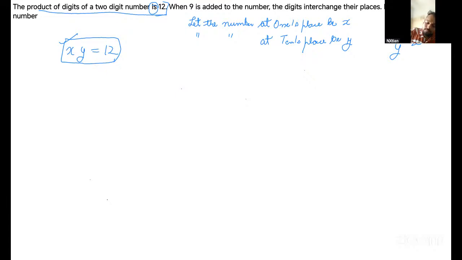Now, when 9 is added to the number, first we have to make the number. So I will make the original number first. What will be the original number, Simeon?